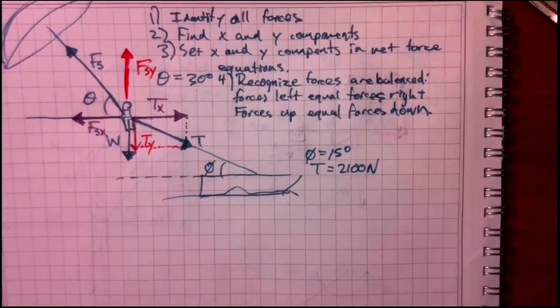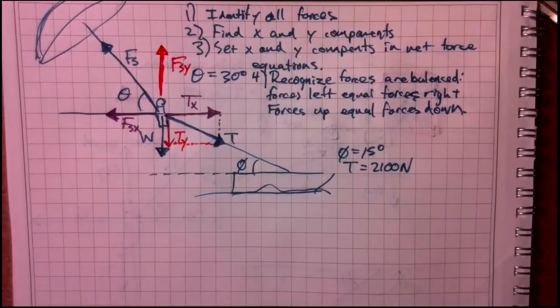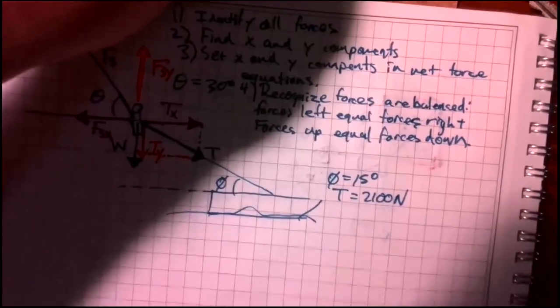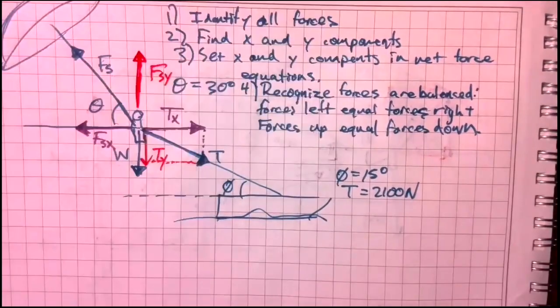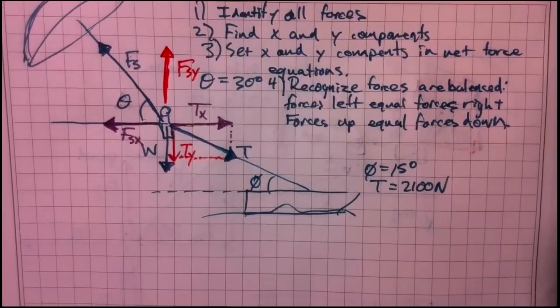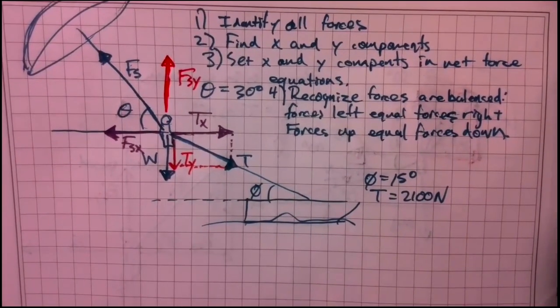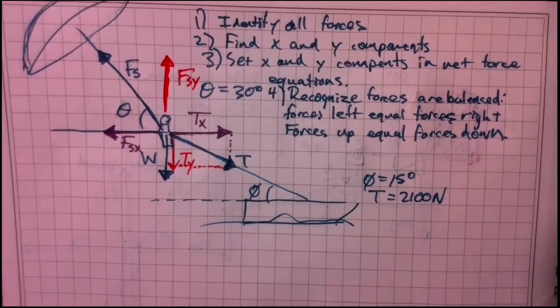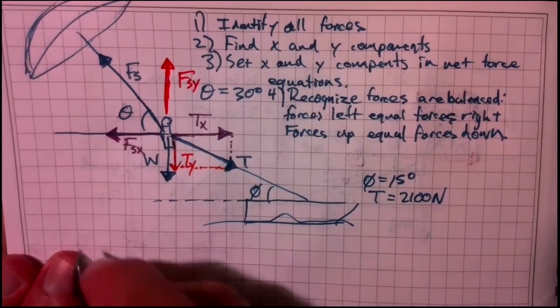So forces up equal forces down and forces left equal forces right. That is such an important conceptual thing, and it can help you solve the problems. Now we've identified all the forces in the x direction, and we've identified all the forces in the y direction. Let's write down the x component forces.